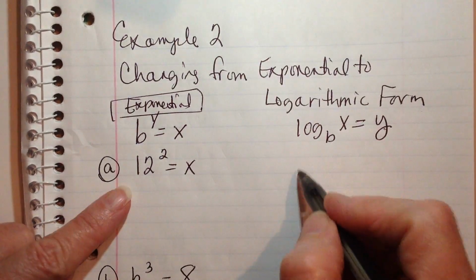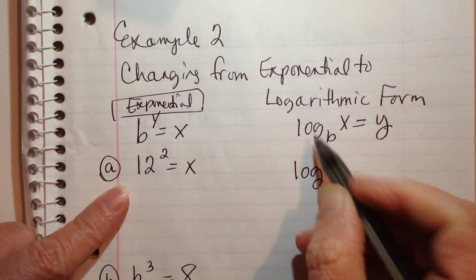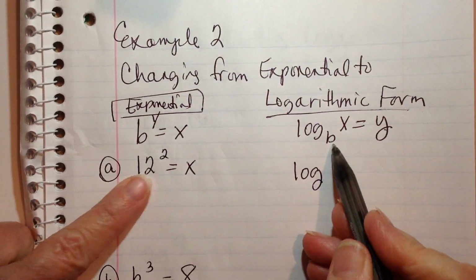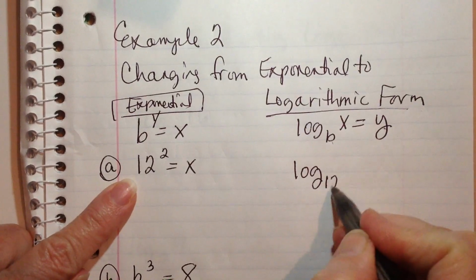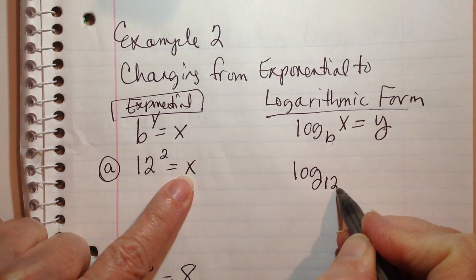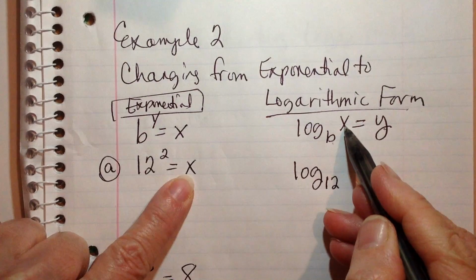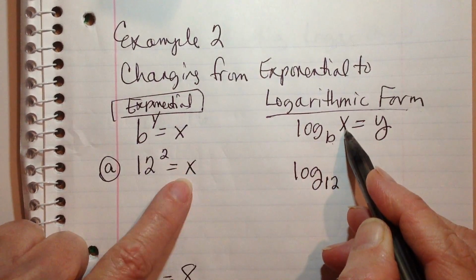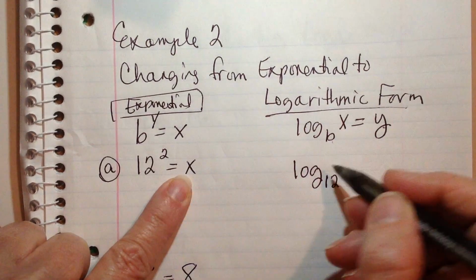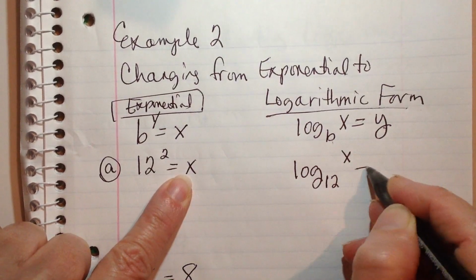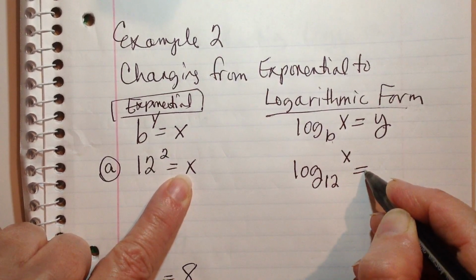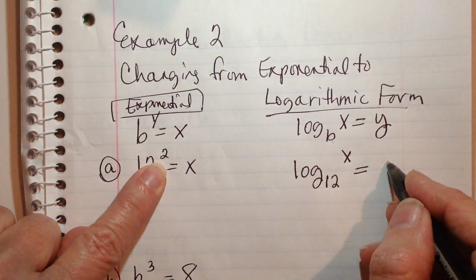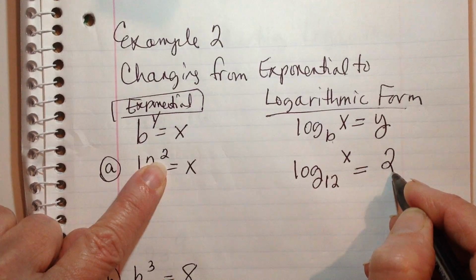To go to logarithmic form, you have to write the word log. Who is my base? My base is 12. When I look at x, it's the answer, which is out here, the other side. That is your exponent, equals y. y is your exponent, which is 2.